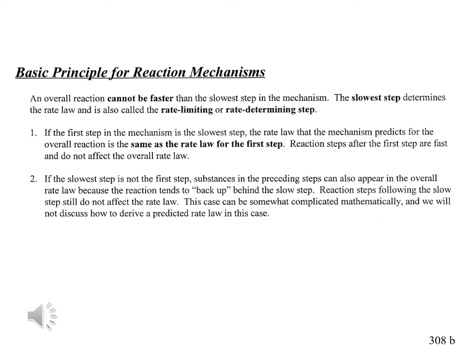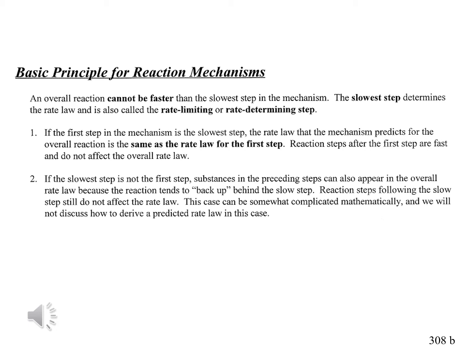Now, if the first step in the mechanism is the slowest step, you can show mathematically that the rate law for that step, the slow step, is the same as the predicted rate law for the entire mechanism. In other words, after you get that slow step over with, the others are so fast that they don't affect the rate.